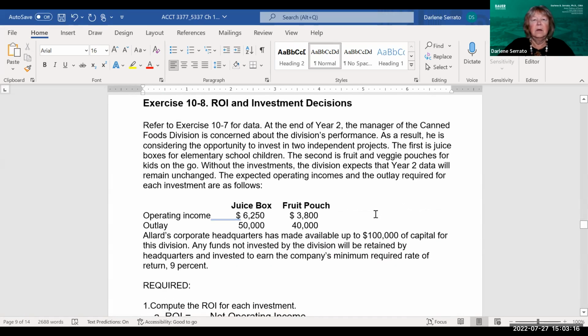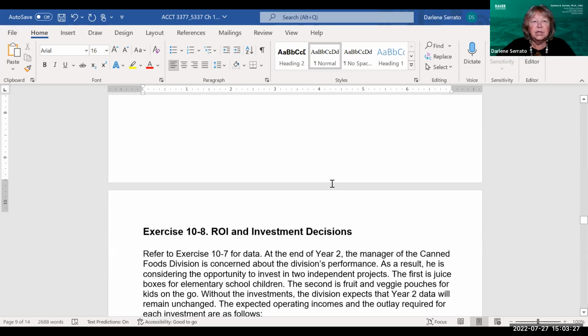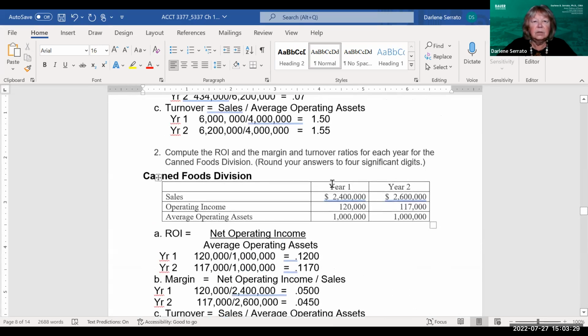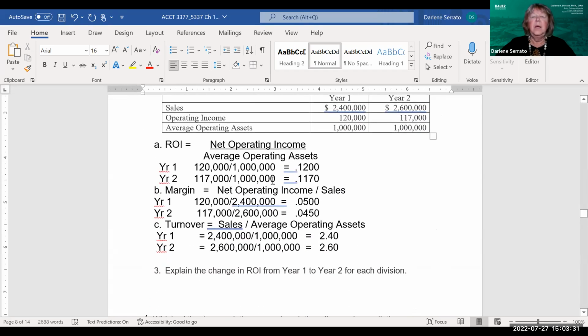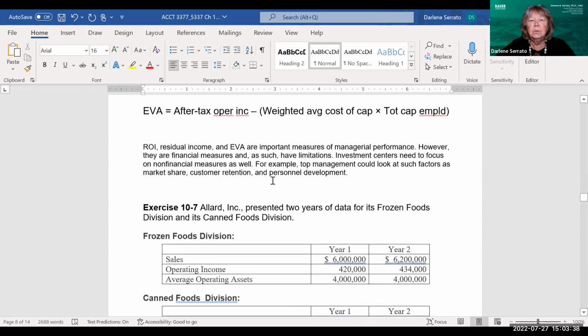Then ROI and investment decisions, we're going to use the same data as 10.7. Can division, which one is can division? Can division is the second one. They were concerned about their ROI. It was 0.2.